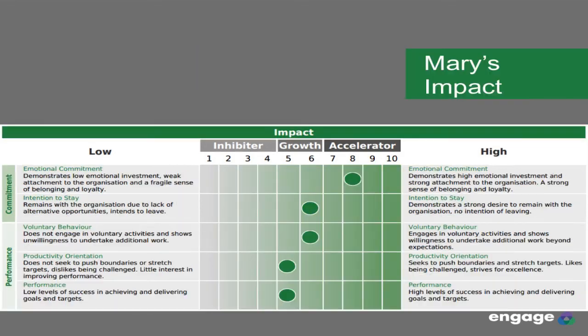And so finally, the third section where we look at the fire scales around impact. So here actually we don't see any real inhibitors, we see a number of growth areas and one accelerator. So again, Jodie, tell us, what do you see when you see this scale? One score which is higher, so that's emotional commitment, where Mary's rated herself fairly high.